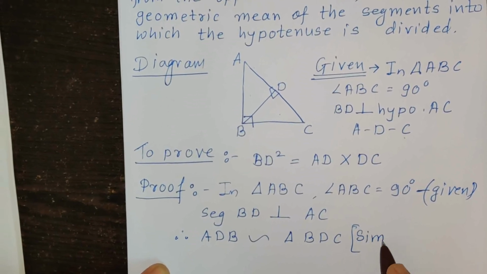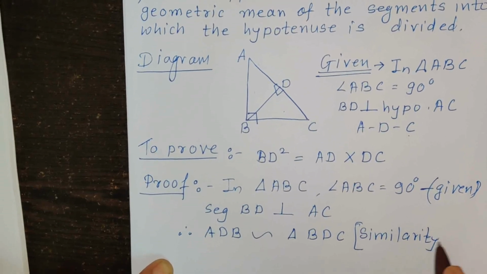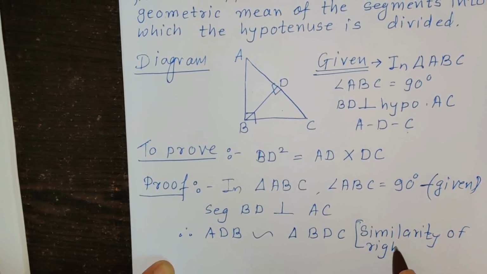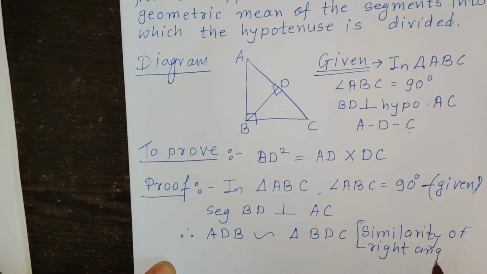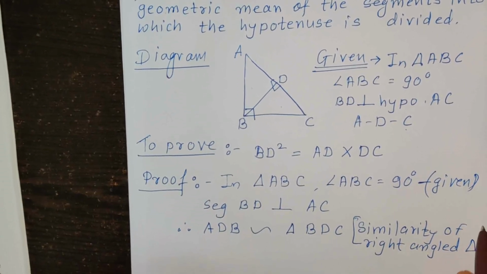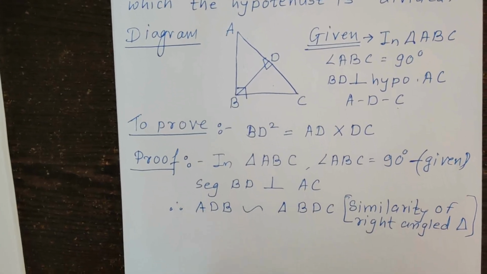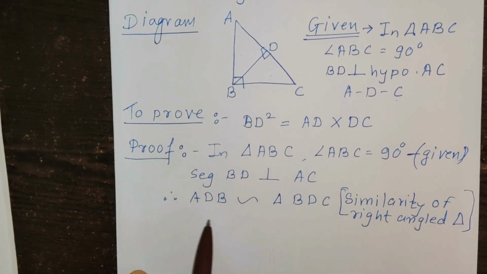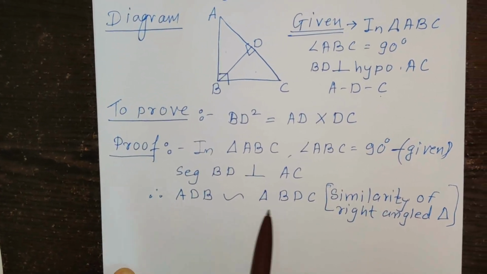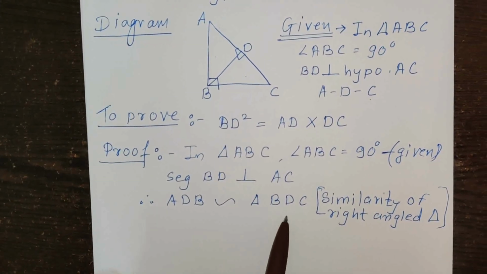The reason is similarity of right angle triangles. This is the reason. No need to give the proof; we just have to write the reason. And from this, if the triangles are similar, as we completed in the first lesson, the corresponding sides are in equal proportion.